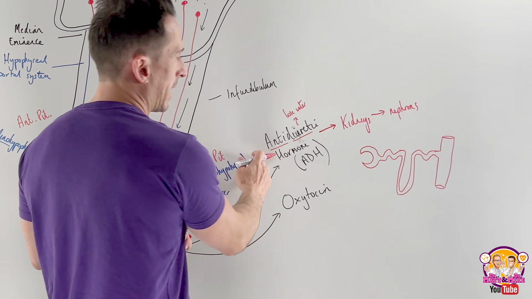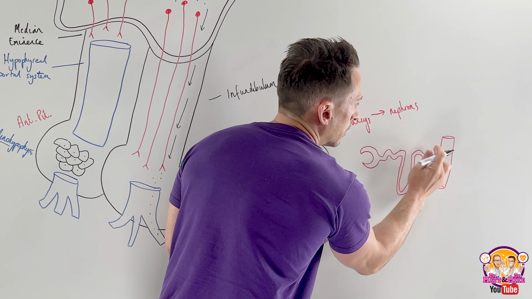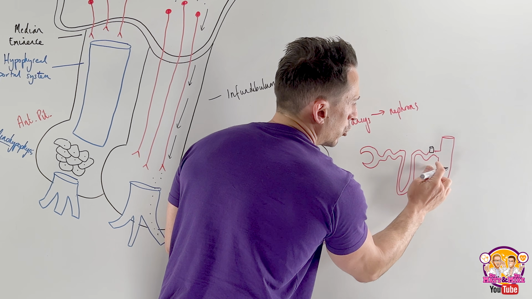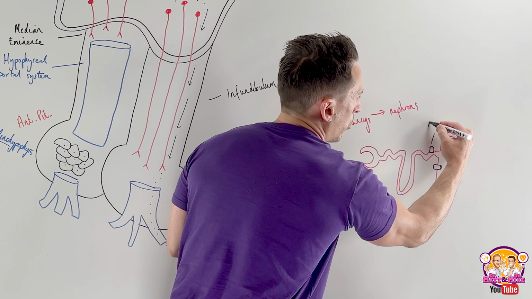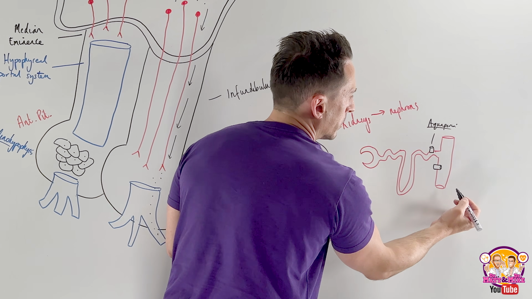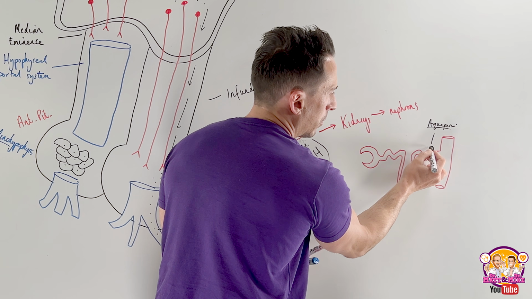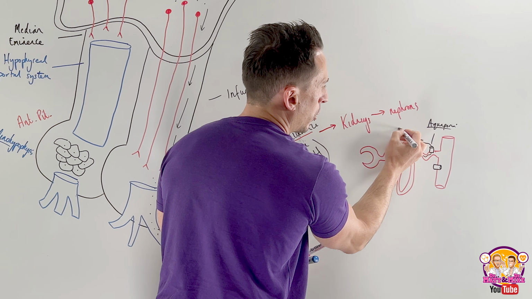So we're going to have antidiuretic hormone putting in little holes in the distal convoluted tubule and the collecting ducts. And these little holes are called aquaporins, and they allow for us to pull water from the nephron back into the body.